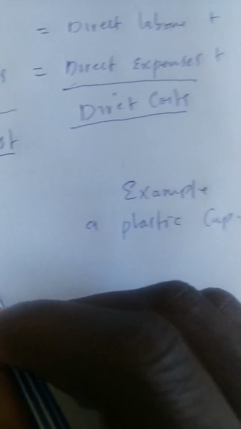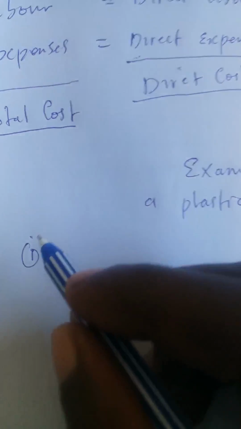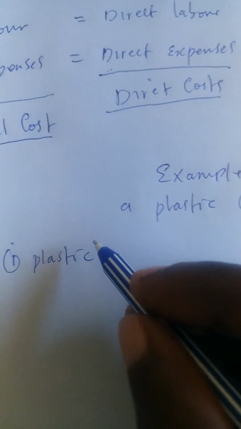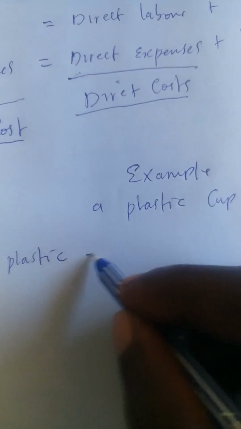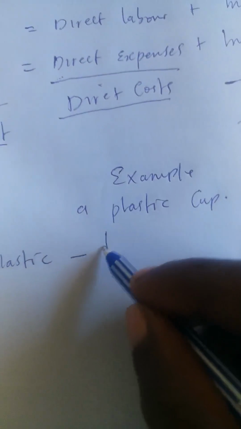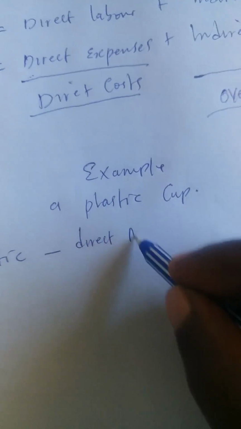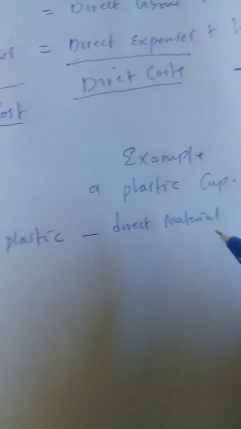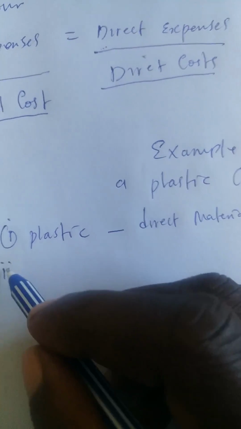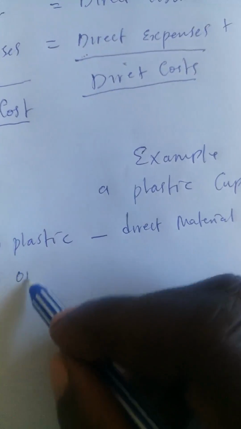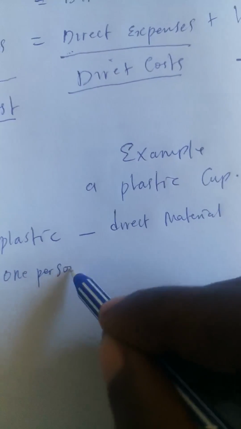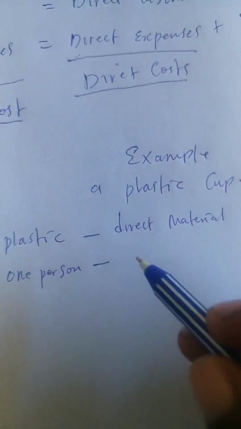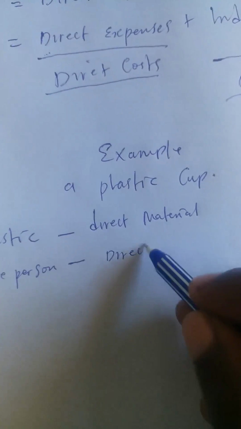You will need plastic, which we can classify as a direct material. And then the person to work on this cup, if it's one person, the person who's going to be directly involved in the manufacture of this cup is what we are calling direct labor.